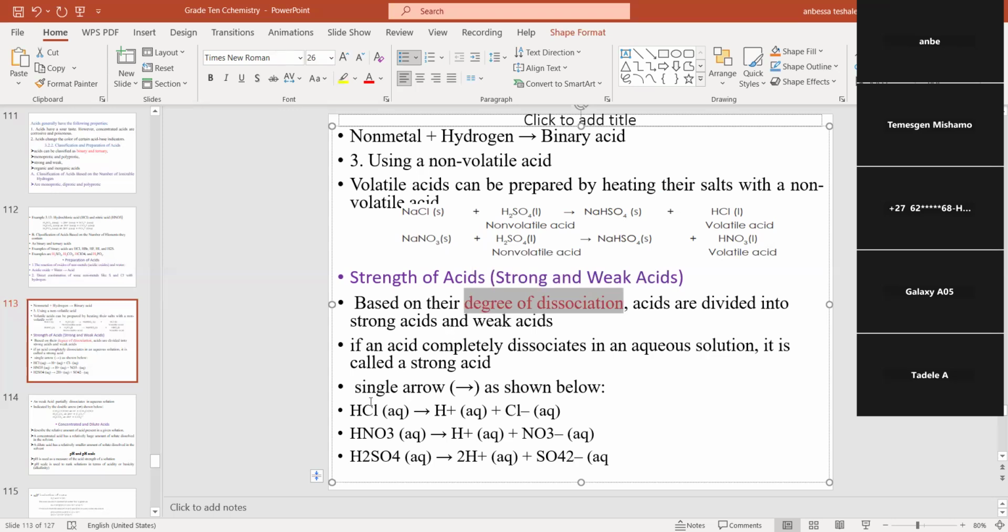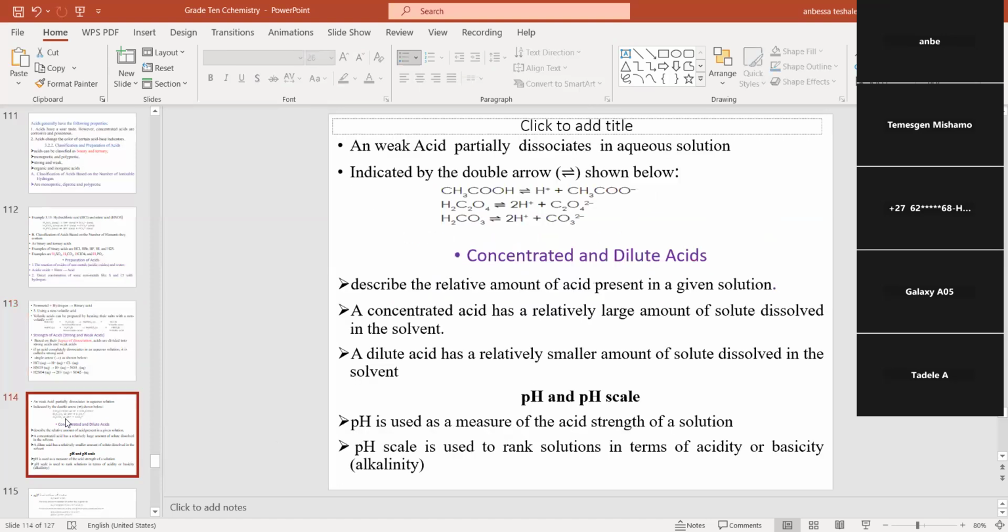Always strong acid is represented by a single arrow like this. So HCl is completely dissociated to hydrogen plus chloride, and sulfuric acid and nitric acid give hydrogen plus nitrate. Hydrochloric acid, sulfuric acid, and nitric acid are some examples of strong acid. More than those, we have more strong acid, which is called perchloric acid.